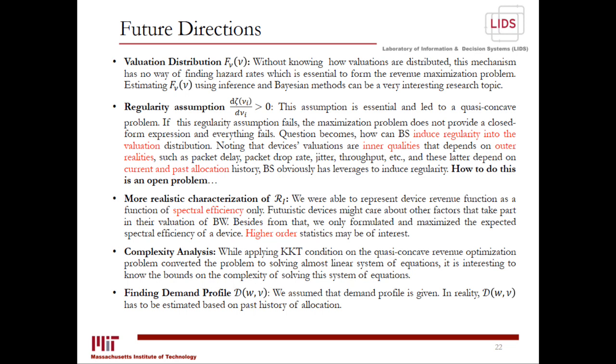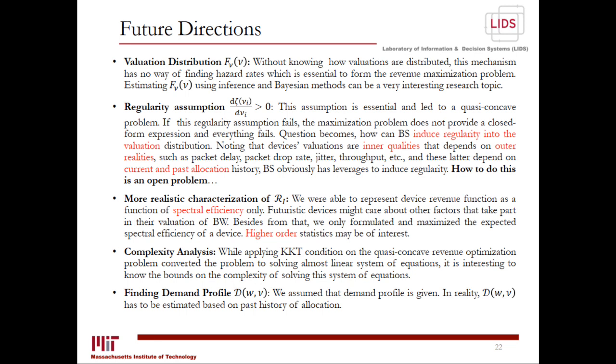We are taking expectations over x interim and x ex-ante, and these probability distribution functions are absolutely essential for the accuracy of the problem. So this is one interesting problem. For wireless communication systems, you will have to understand what the valuations of devices are, and then characterize these valuation functions. The second future direction is the regularity assumption.